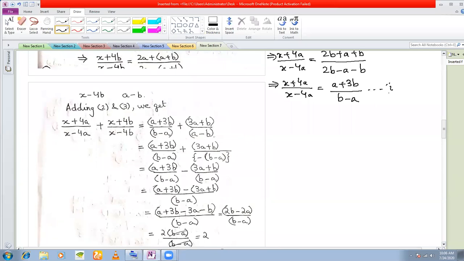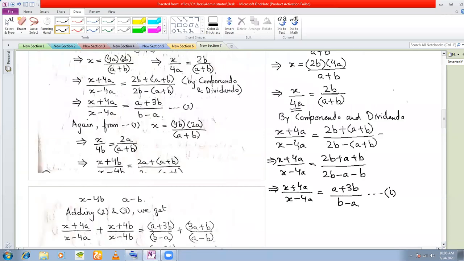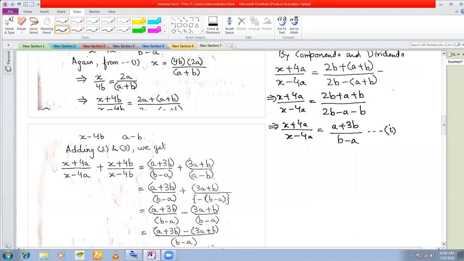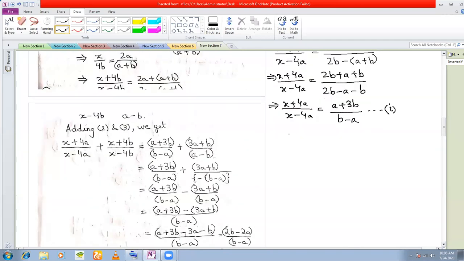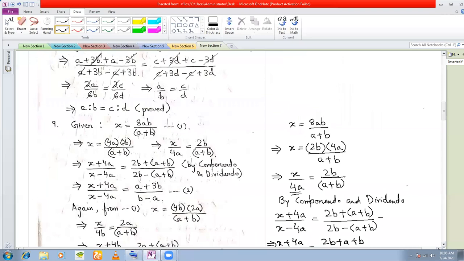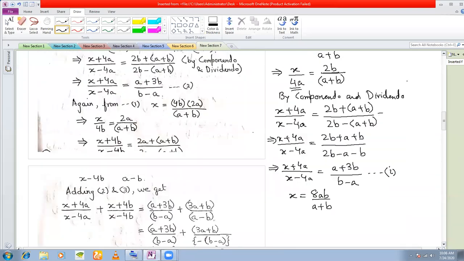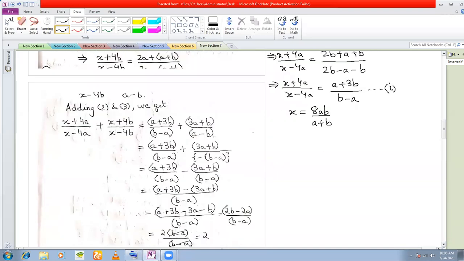Call this 1. Again, considering the same given proportion, x is equal to 8ab by a plus b. Now I need x plus 4b by x minus 4b.